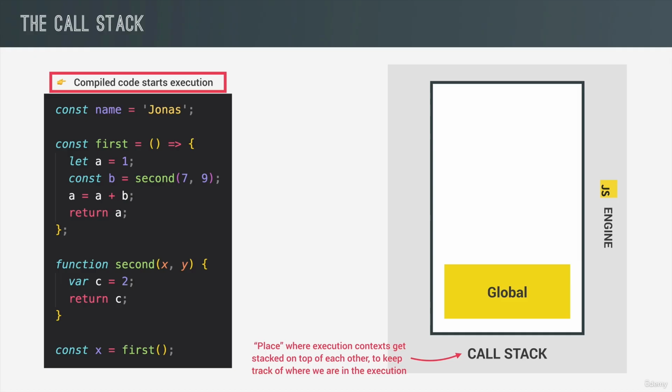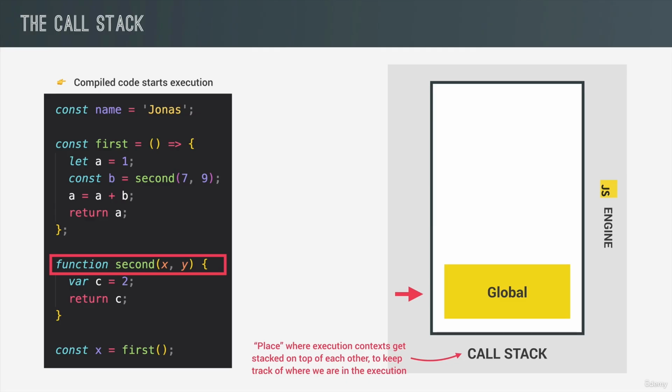And since this context is now at the top of the stack, it is the one where the code is currently being executed. So let's continue now with this execution. So here, there is a simple variable declaration, and then the first and the second functions are declared. So nothing fancy, but that's just how normal top-level code gets executed.